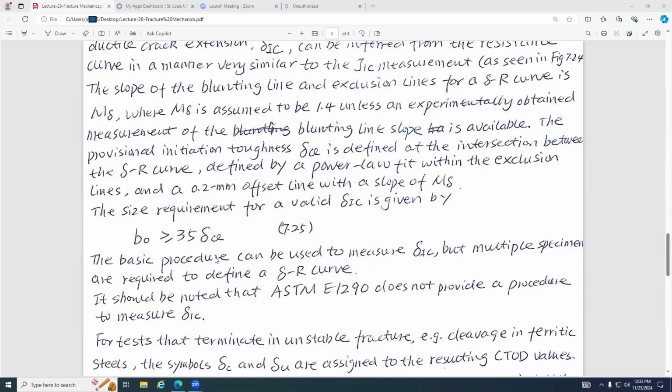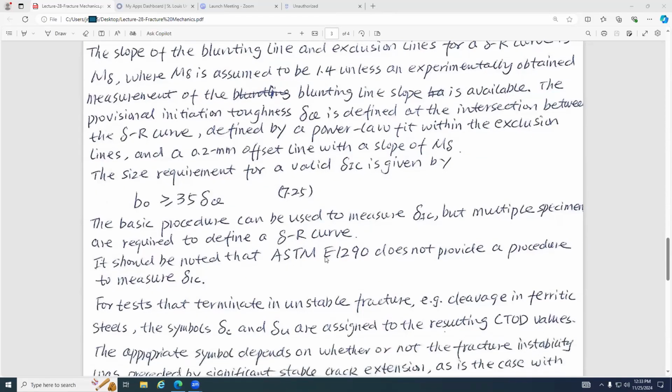So it should be noted that ASTM E1290 does not provide a procedure to measure delta IC. Be very careful. That's the reason we prefer to use ASTM E1820.